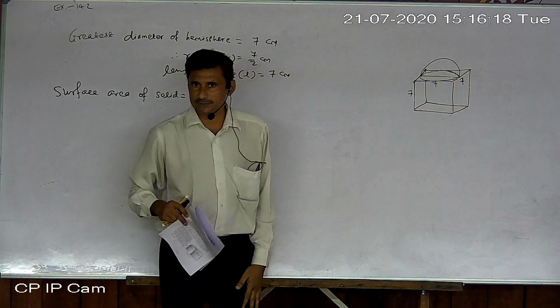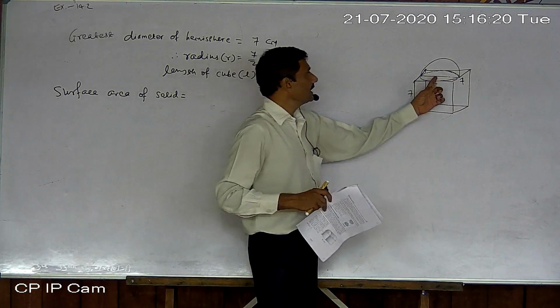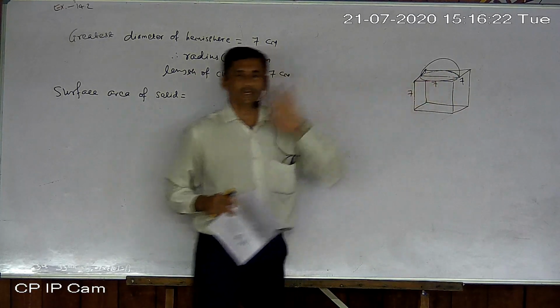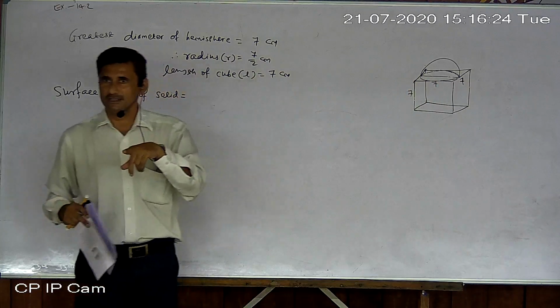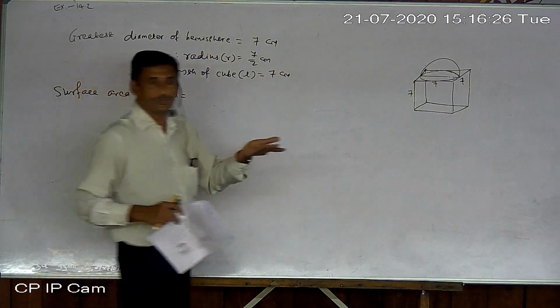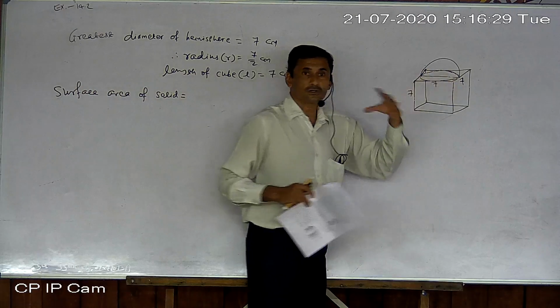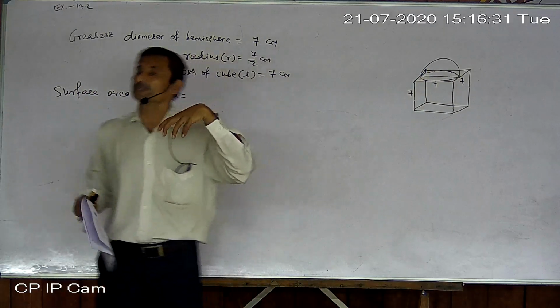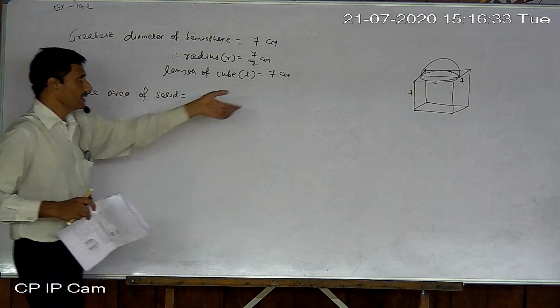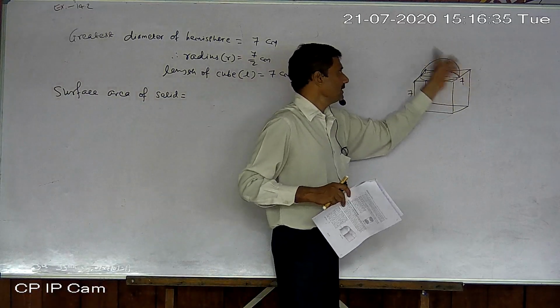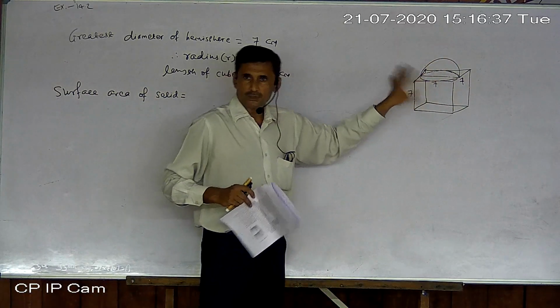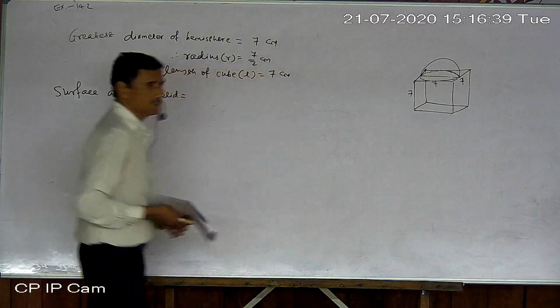Why minus the area of the circle? Because that part is covered. So everything is included, but indirectly. From the TSA of the cube, we remove the circular part covered by the hemisphere, and the curved surface area of the hemisphere is already visible. So everything is visible except that circular part.